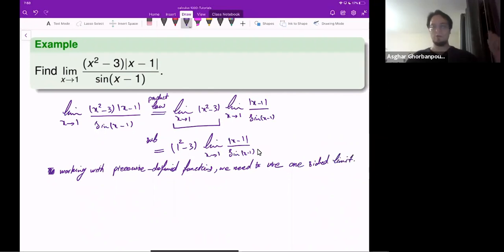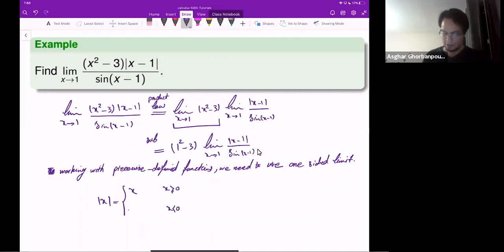You may right away ask, where is the piecewise defined function? Well, absolute value of x is a piecewise defined function. For x bigger than or equal to 0, it's x. For x less than 0, it is negative x. How is it related to my function here?